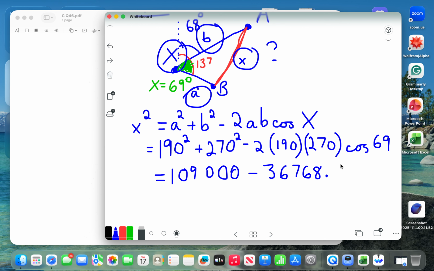I want to capture as many decimal places as possible because you don't want to round off too early.